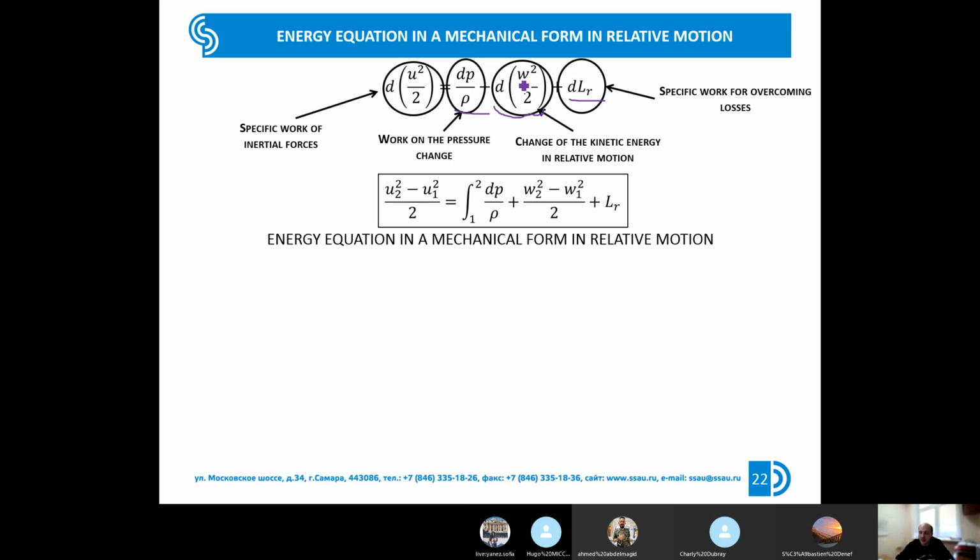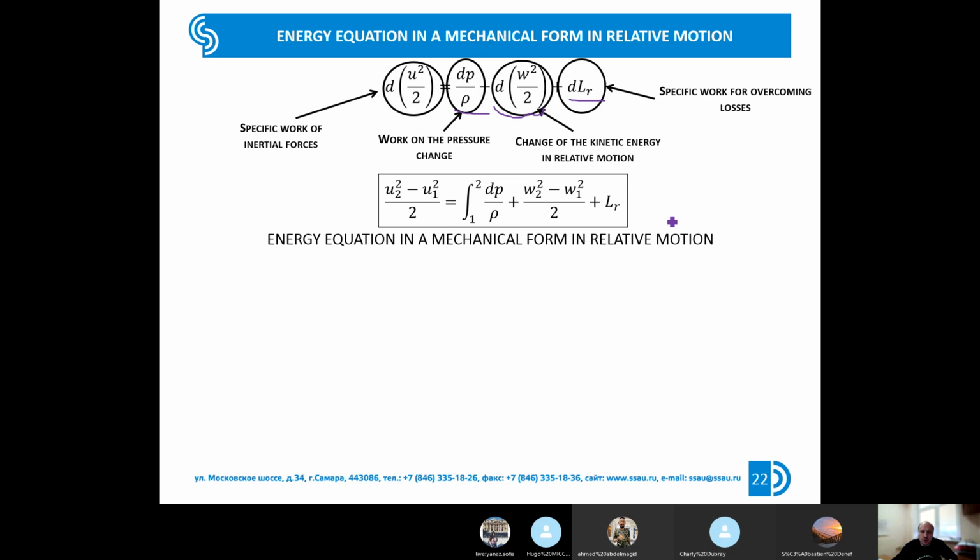I hope it will give you the possibility to more easily understand this equation. So, in any case, we received the energy equation in mechanical form in relative motion, and this is the classical shape of this equation.